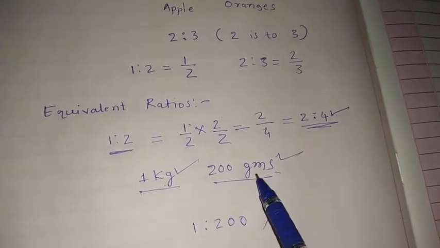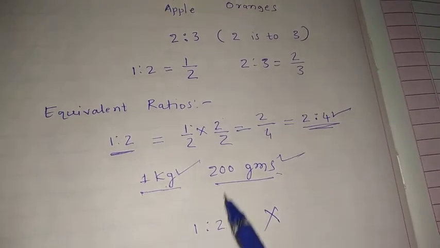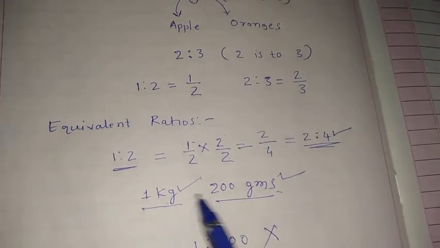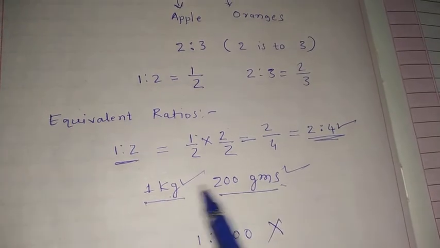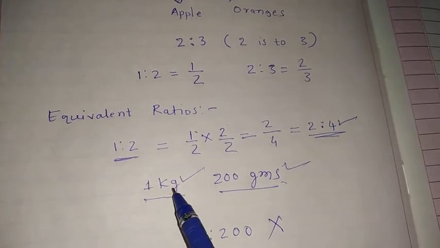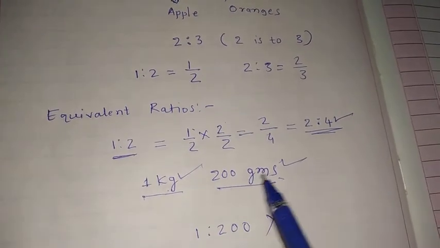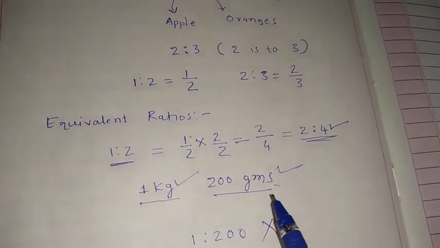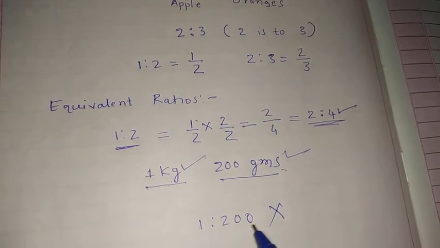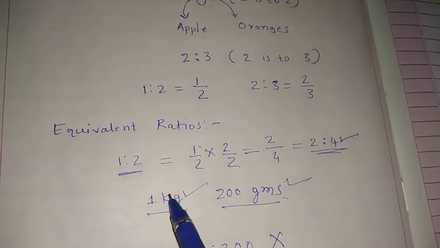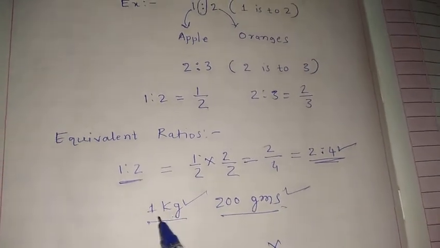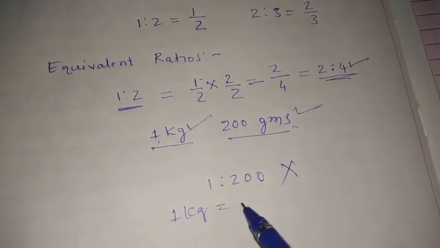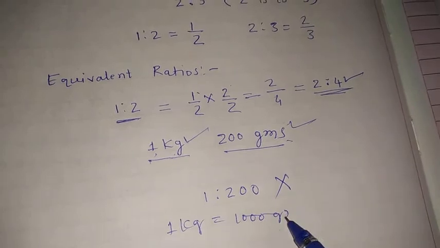So writing both these directly in the form of a ratio is wrong, because we have to make the quantities the same. Here one is kg and here is gram. If the quantities are different, writing both those data in the form of a ratio is wrong. So we have to make both these equal. For example, 1 kg means how much? 1 kg is 1000 grams.